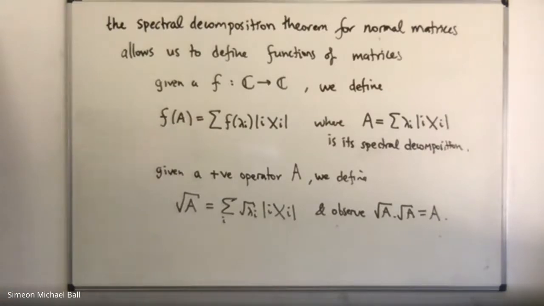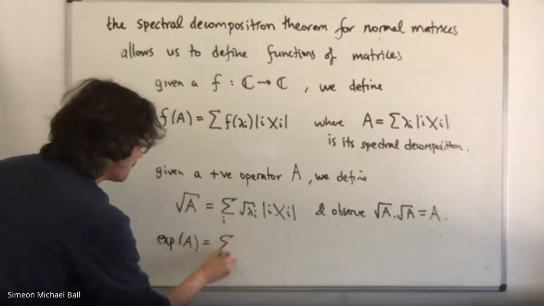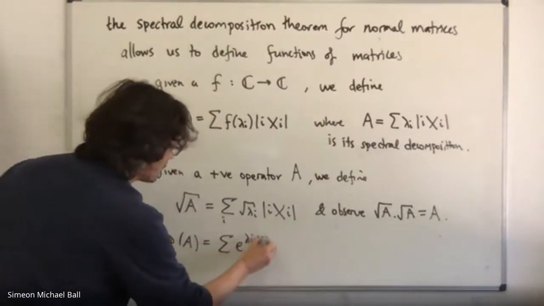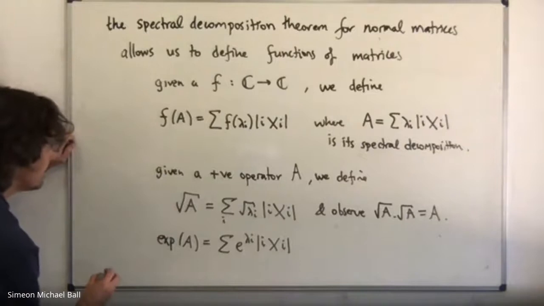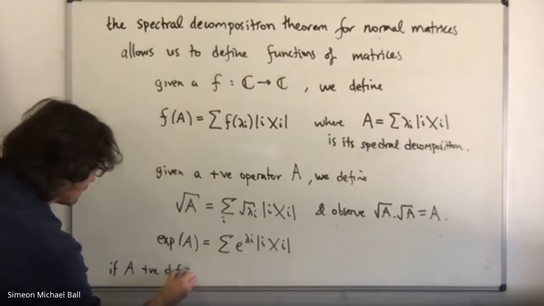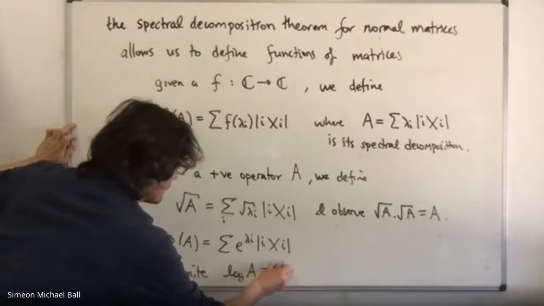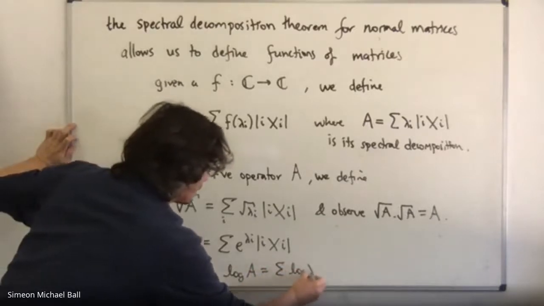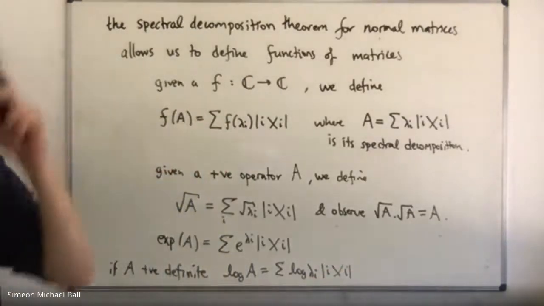The exponential of A will be taking all the lambdas to the exponential, and also importantly, if A is positive definite, then we can define the log of a matrix. And that will be important to us when we get to entropy and stuff.